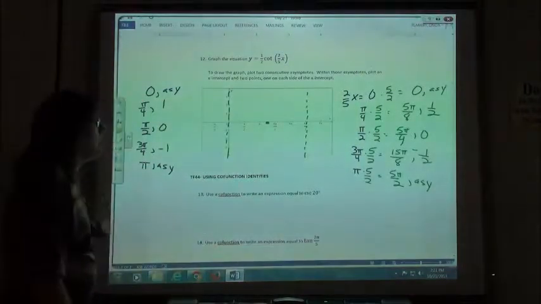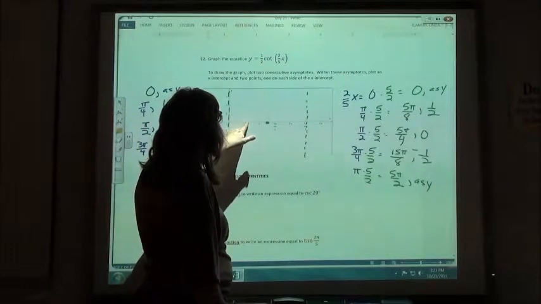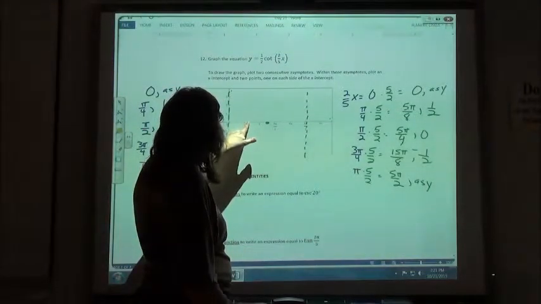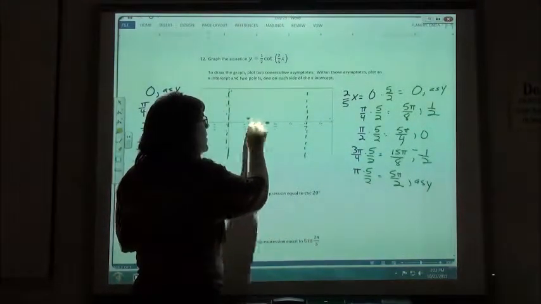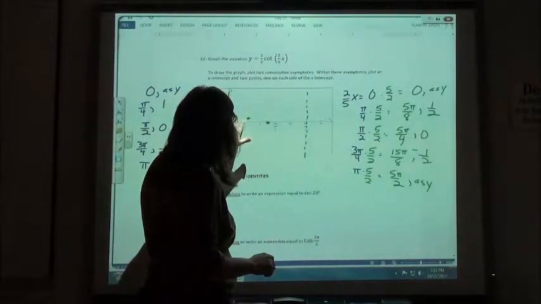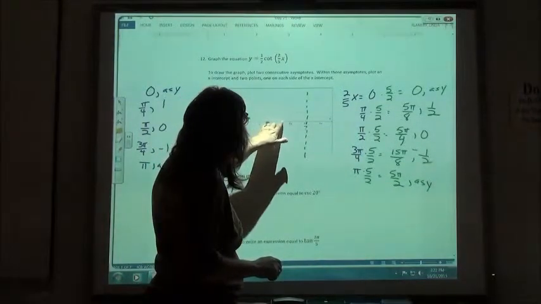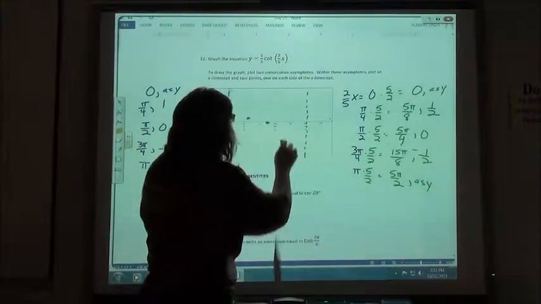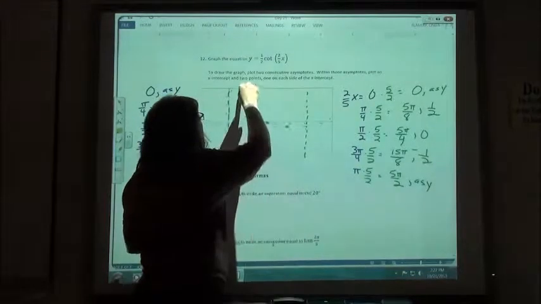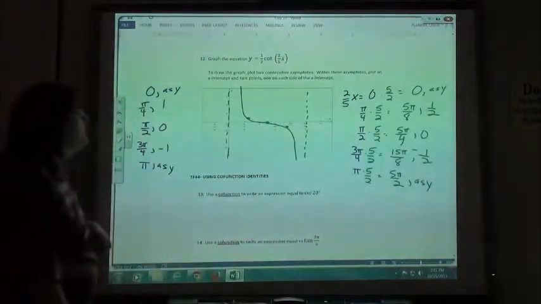Should be right at 0. 5/8. 1, 2, 3, 4, 5, which should be halfway in between. I'm up to 1/2. And then I'm at 15/8. 1, 2, 3, 4, 5, 6, 7, 8, 9, 10, 11, 12, 13, 14, 15. I'm down to negative 1/2. And my cotangent curve is going to look something sort of like that.